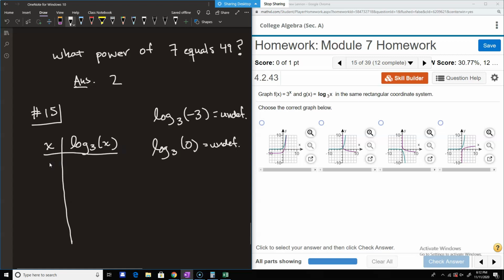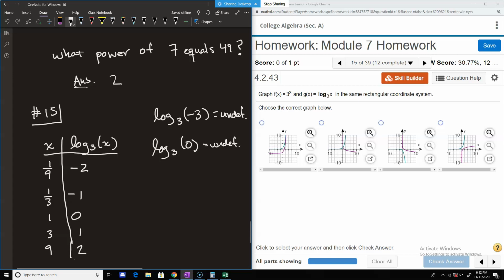So 1 over 9, 1 over 3, 1, 3, 9, and so on. Then your answer would just be the exponent of 3 that makes that happen. So 3 to the negative 2 is equal to 1 over 9, so this would be negative 2, negative 1. 3 to the 0 is 1. 3 to the first power is 3, and 3 squared is 9.